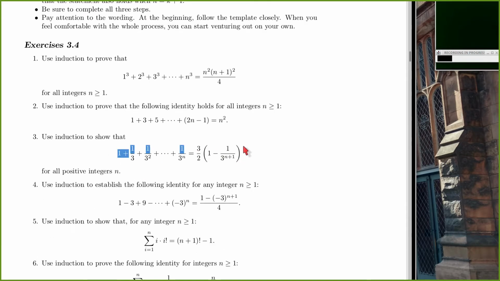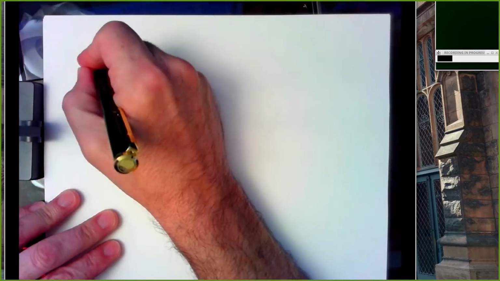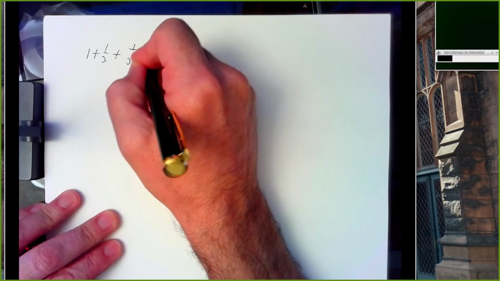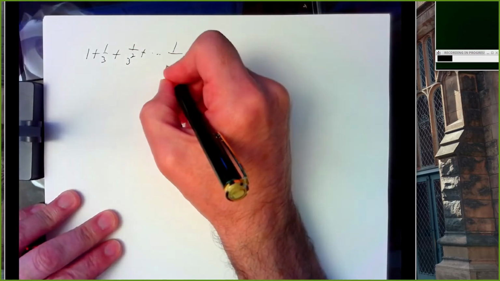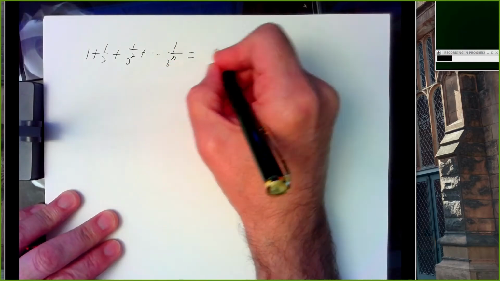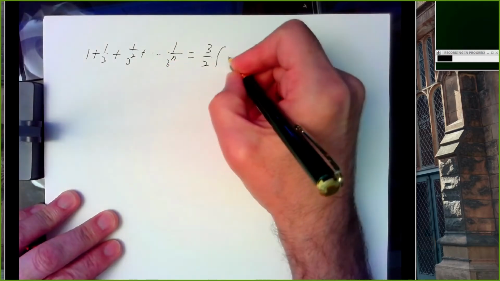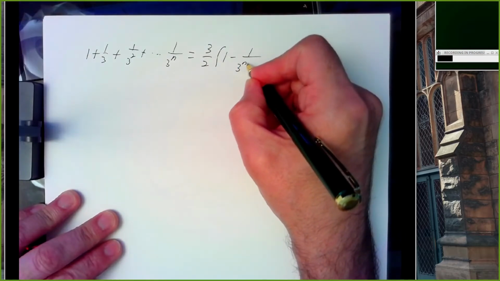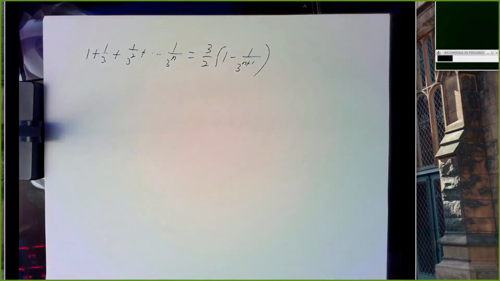Alright, so let's do this one. 1 plus a third plus a ninth and so on and so forth equals this funny looking expression. So let's do it like this. 1 plus a third plus 1 over 3 squared plus all the way up to 1 over 3 to the n is equal to 3 halves times 1 minus 1 over 3 to the quantity n plus 1.